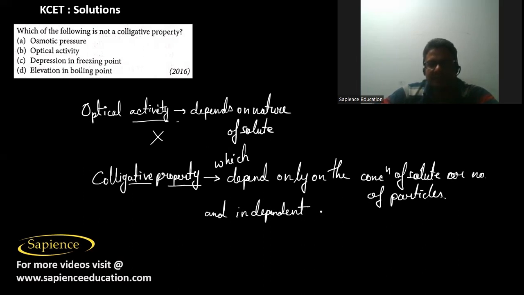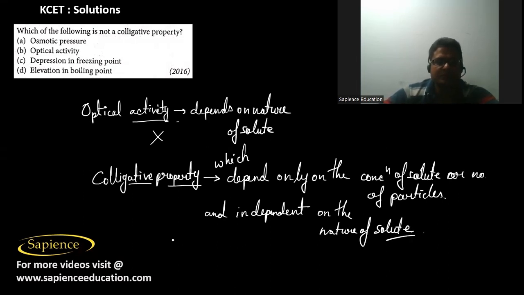It is independent of the nature of the solute. So this osmotic pressure, pi, is iCRT, where C is the concentration of the solute. So it depends only on the concentration of the solute.